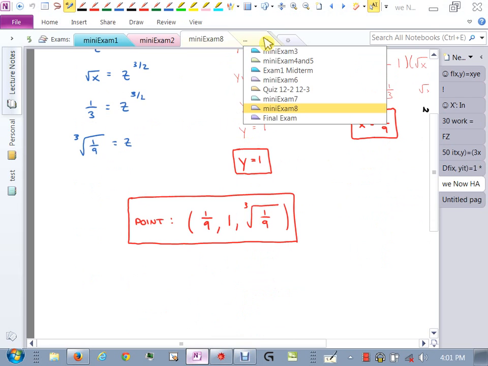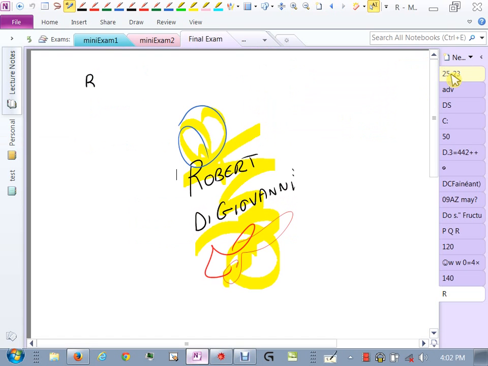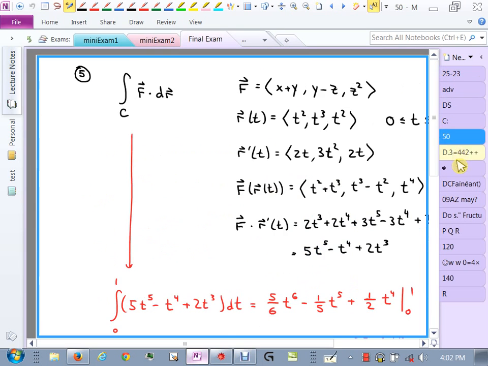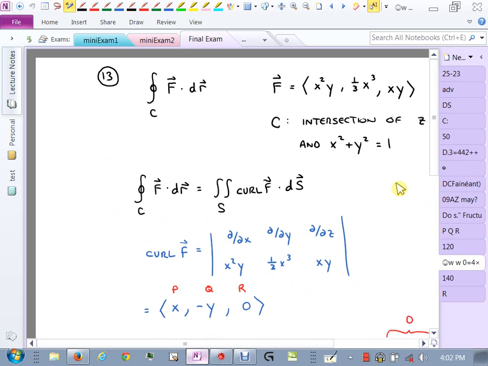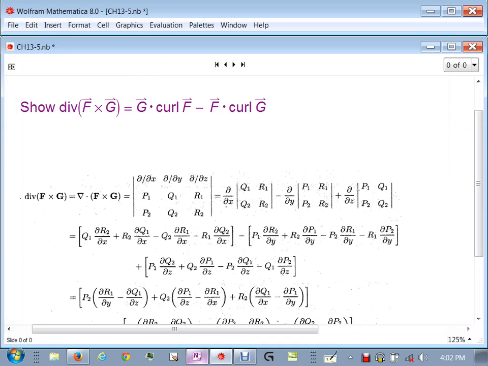I don't even think I have this one written down. Here's my final from last semester. Okay, yeah, what is it asking me here? Oh, okay, let me grab this. Is it all stapled?